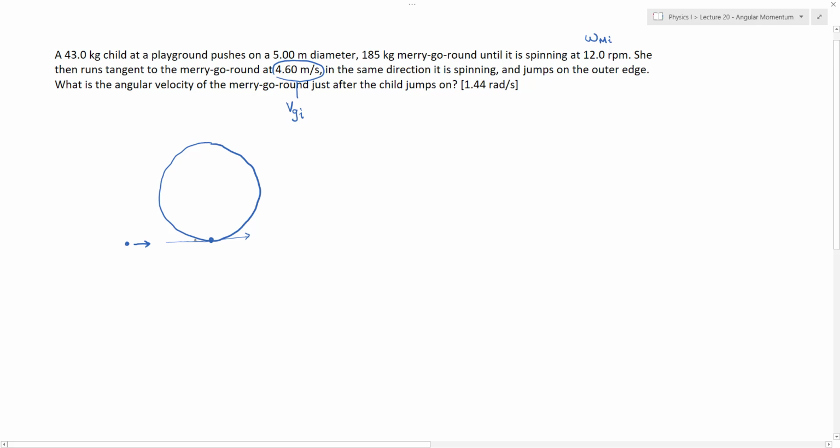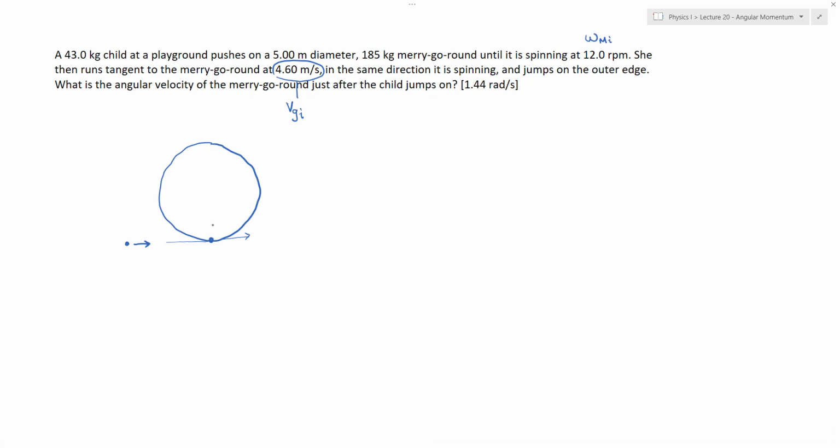She jumps on it. When she jumps on it, she's helping it rotate even faster, right? Because she's jumping on, it's like she's pushing it and making it go faster. Okay, so this is like an inelastic collision, and it is angular because there's a rotation happening. There are no other external forces acting on the system that make the merry-go-round rotate, so that means there's no external torque.